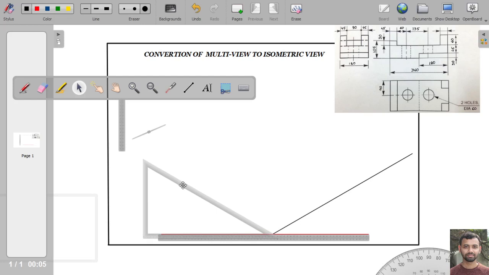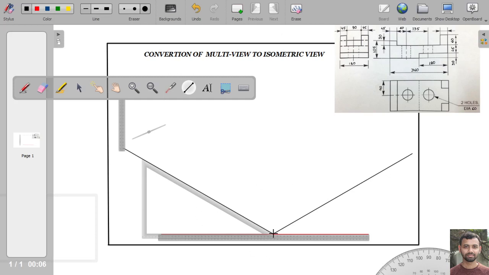So the y-axis will be inclined at an angle of 30° to the horizontal. So this is x and y. Now next we have to draw the z-axis. And z-axis obviously will be perpendicular to the x and y-axis.